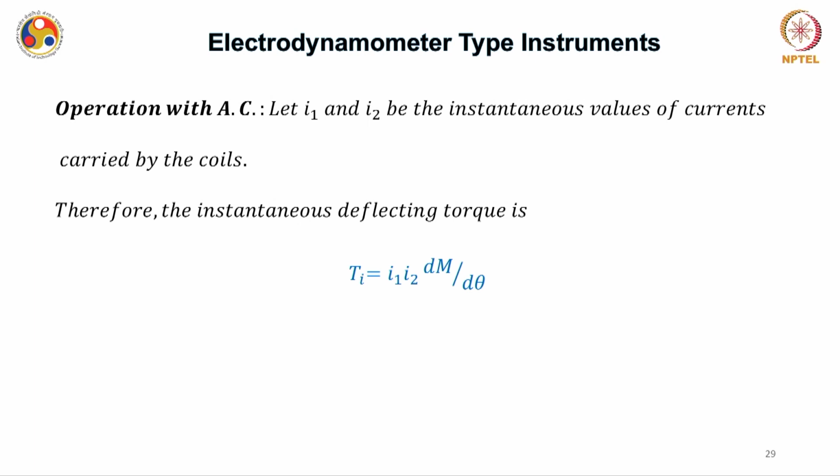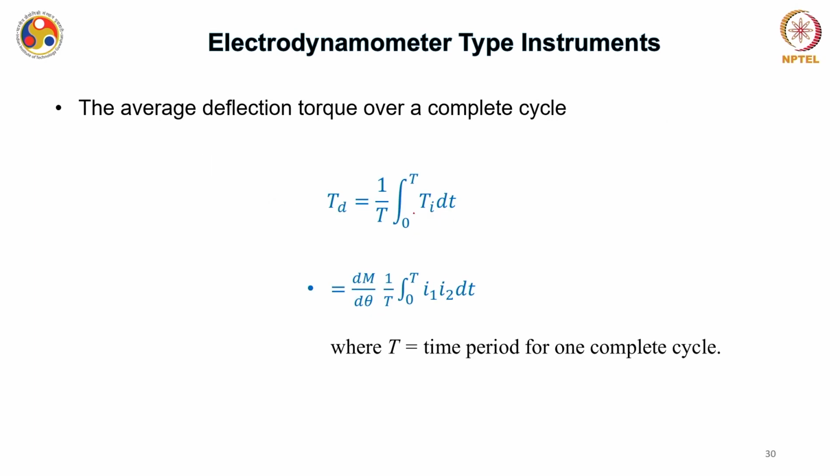So Td is equal to dM by d theta times 1 by T, the integration from 0 to T of i1 into i2 dt, where T is the time period of one complete cycle, or basically it gives you the average value. This is the basic deflection equation for general AC and DC signals when the electrodynamometer is used for measurement of these signals.